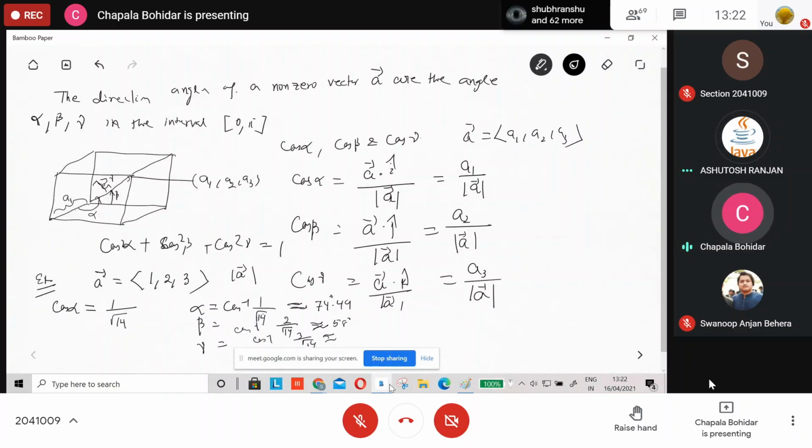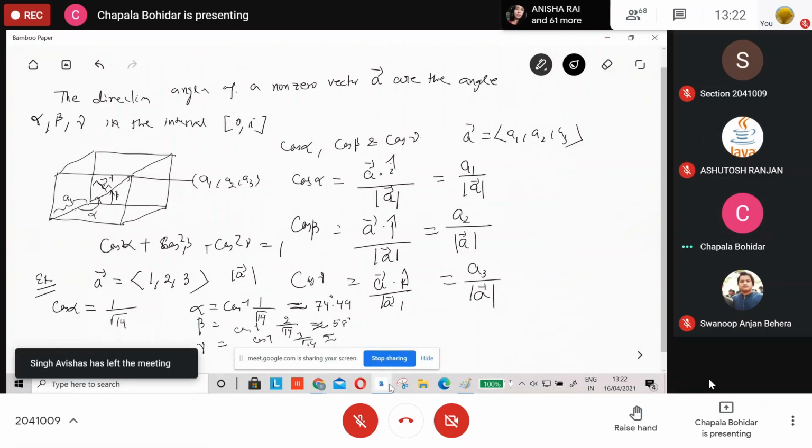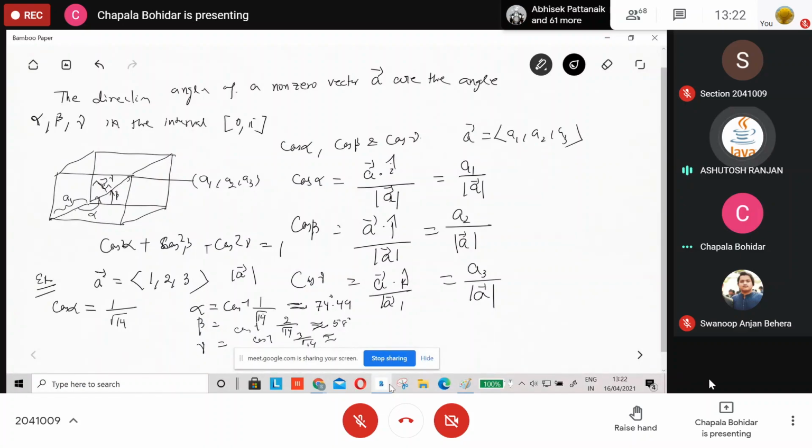I can write round up, it is 75 degrees for alpha. Ma'am, gamma is 36.9 degrees, so 37 degrees. Approximately. I have written approximately.